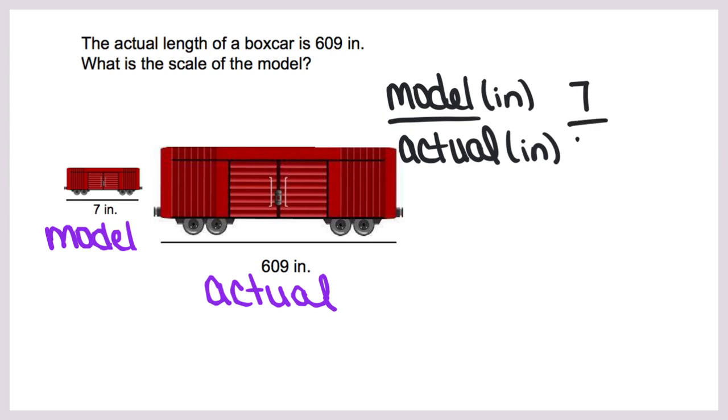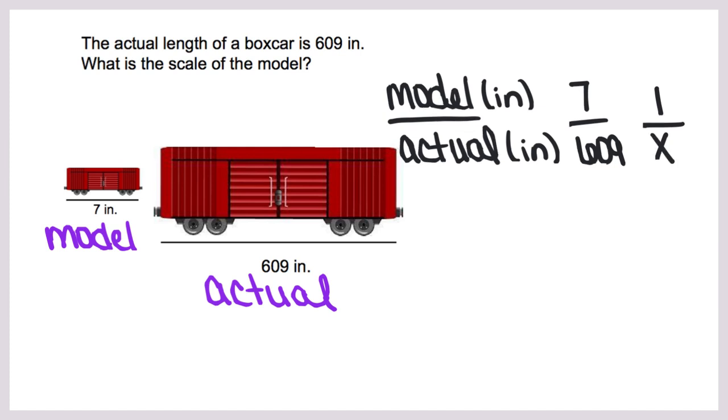The actual is 609 inches. In order to find the scale, you want the model to be a 1. So for every 1 inch of the model, how many inches are on the actual boxcar?